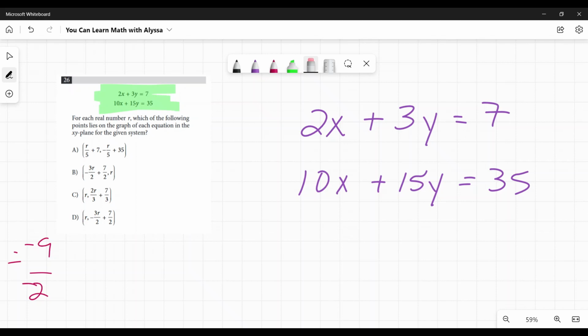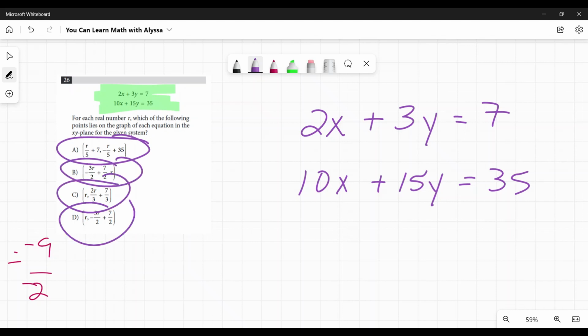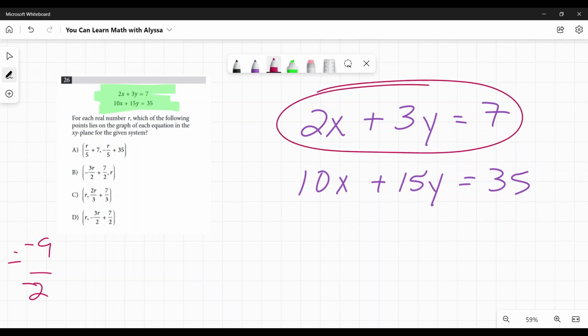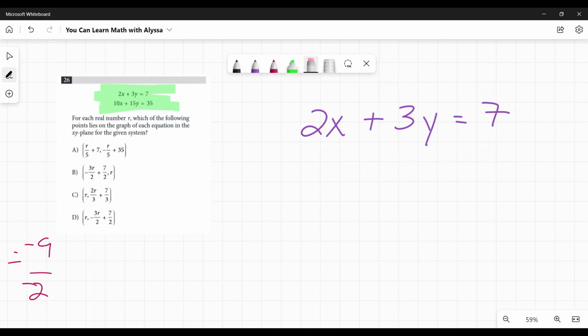Okay, so next one. They want you to find out which of these represents all the points that are on this line. So what they want you to do is to take this equation. I'm going to forget about this one because they're the same line. First, solve for x, and second, solve for y. So what happens if I solve for x?